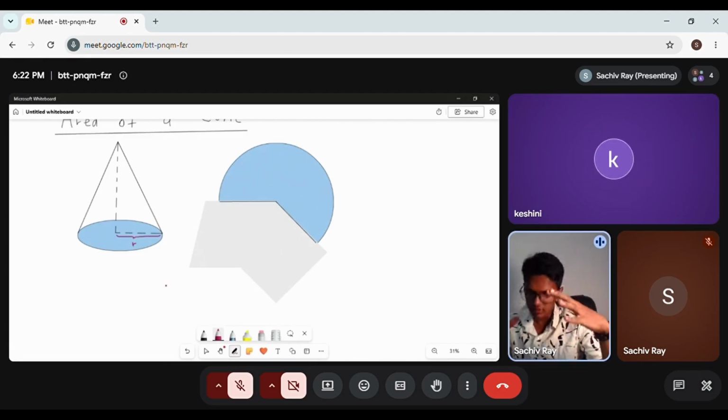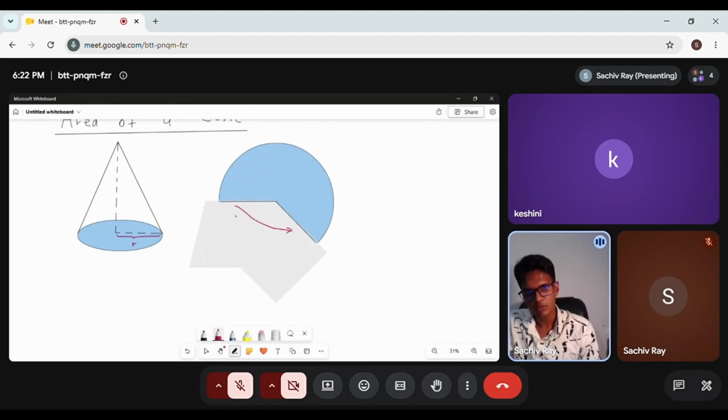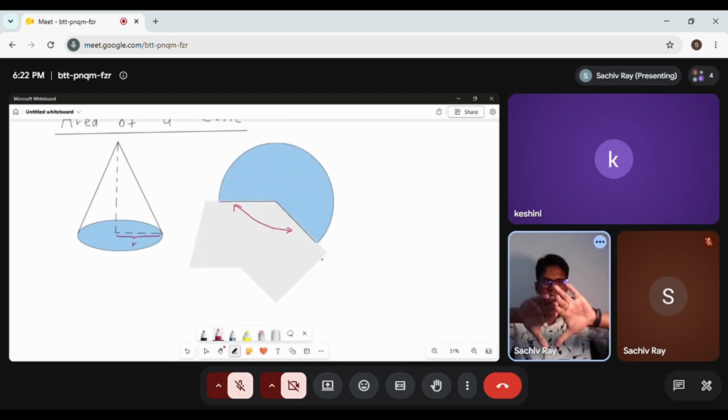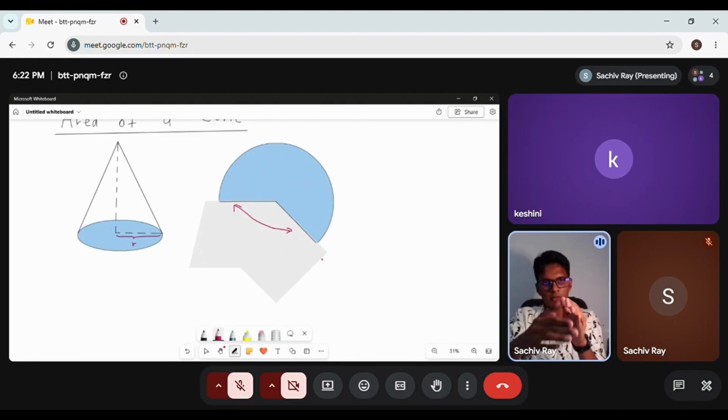Now you see, the cone is made from that circular base, which is the first image we drew, and the second part. What happens is we just join these two pieces together. We fold it and paste these two edges, wrapping them around to make the cone shape.